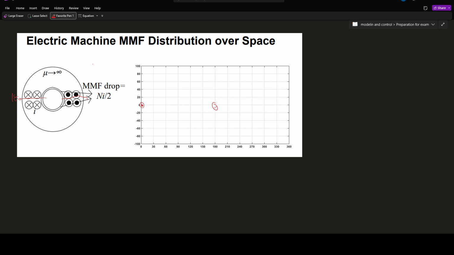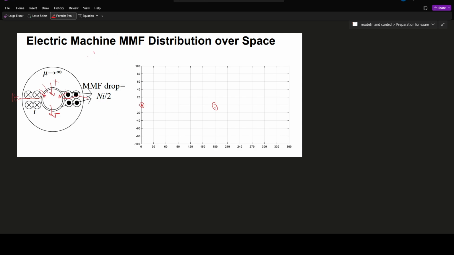Now we are going to have as a convention that whenever the flux is going into the rotor, we are going to say that it is positive. And whenever the flux is going out of the rotor, we are going to say that it is negative. So if we look at this, from 0 degrees up to 180, we have positive MMF.